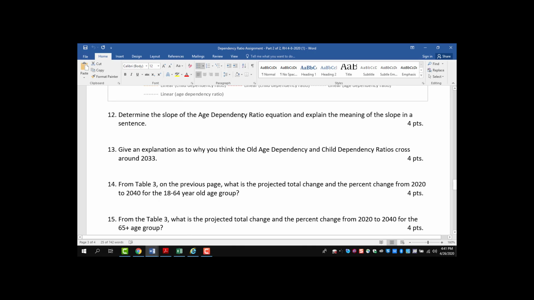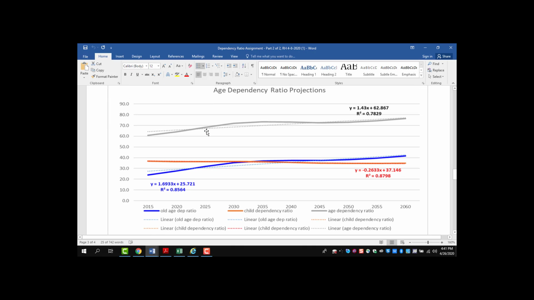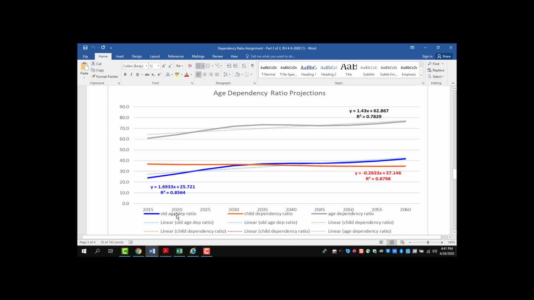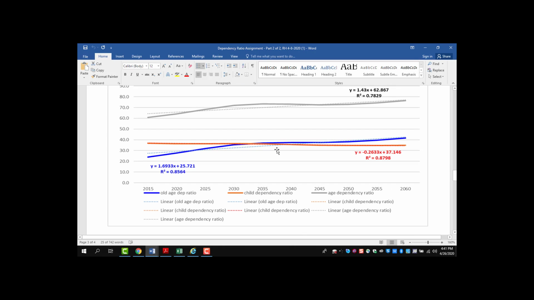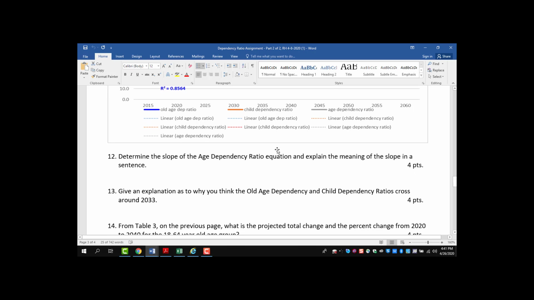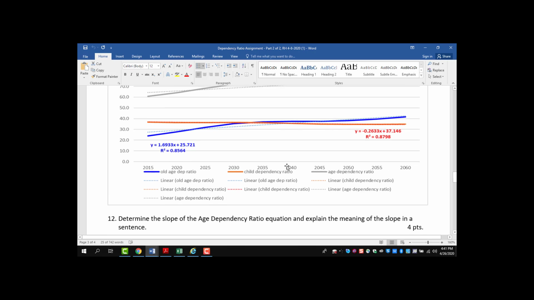Determine the slope of the age dependency ratio equation. That is this line here, obviously. It gives you the slope, for crying out loud, and explain the meaning of the slope.